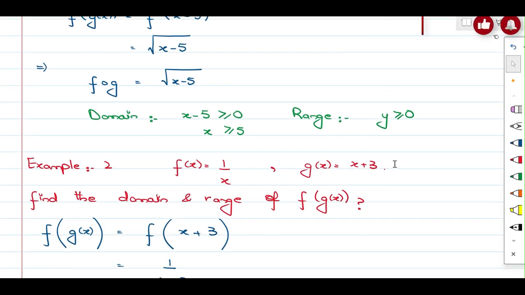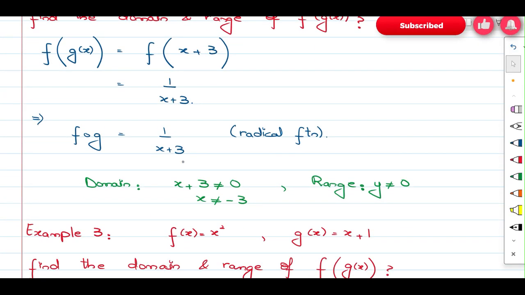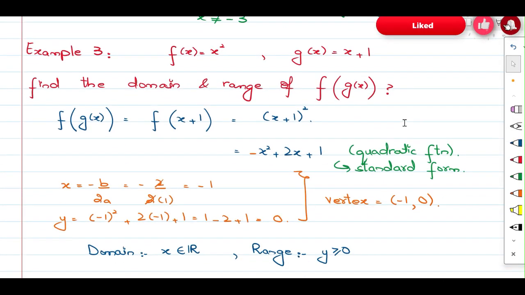If it's a reciprocal function, then apply the rules of the reciprocal function. And if the resulting composite function is a quadratic function, then apply the rules of the quadratic function to figure out its domain and range.